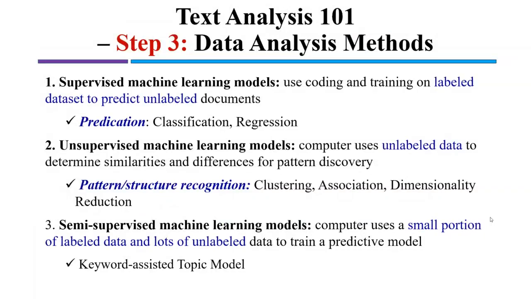So for supervised machine learning models, I think for our PhD students, especially from finance, you maybe use it often. You split your data: half you label, and the other half is unlabeled. You use the labeled half, apply your statistical model, and train the model.